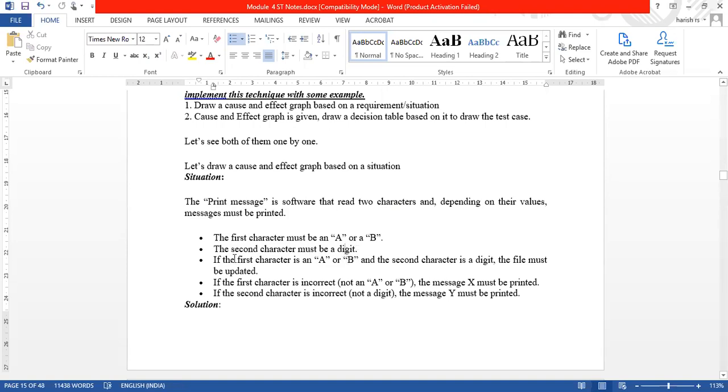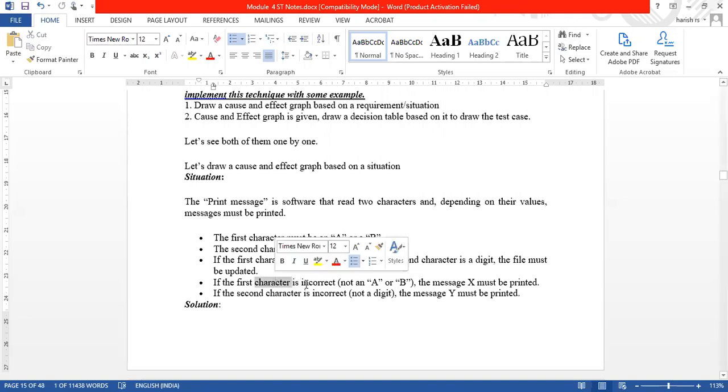If the first letter is not A or B, then we are going to print a message X. If the second letter is not a digit, that is a problem for us. We have to see what the problem is first.